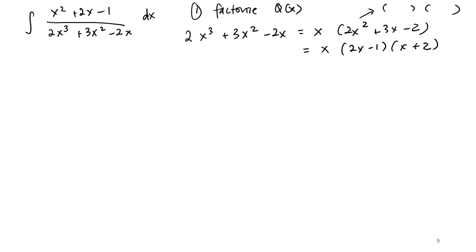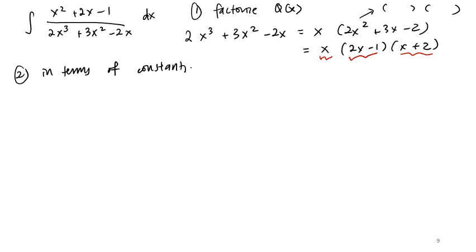Then the next step is to write the numerator in terms of constants. Since this is the first case, you can see that there are three distinct linear factors, none of which are repeated.